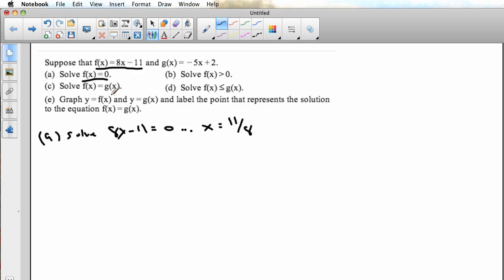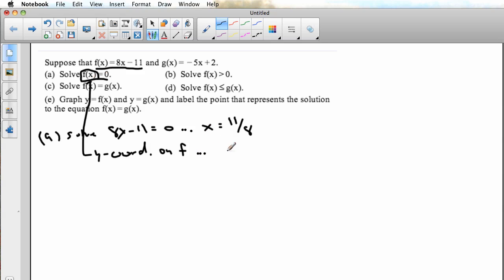If we think about this in terms of the underlying graph, which is a line, remember, when you see f of x, what you should think about is a y-coordinate on the graph of f. So this is asking, where is the y-coordinate on f equal to 0?